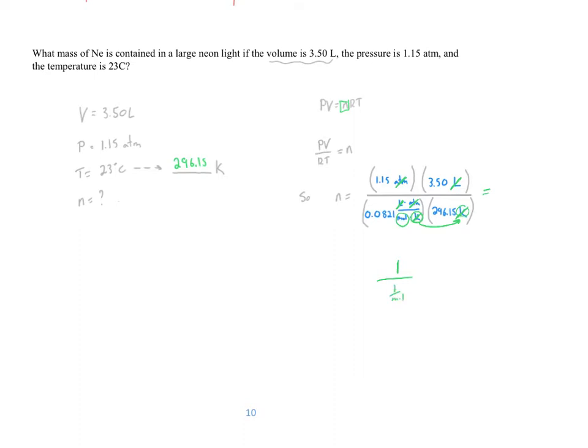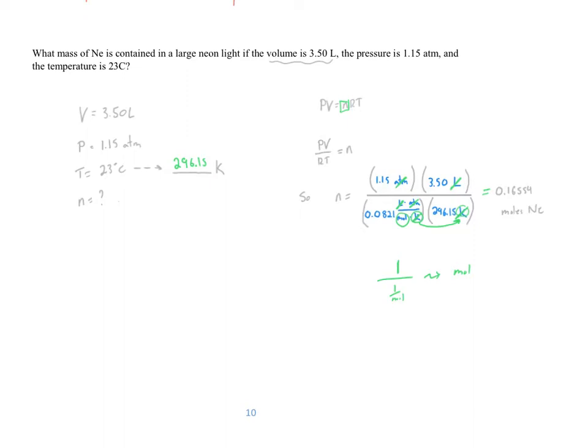Now the inverse of mole is mole, so what we're left with is the unit of mole. After we do the calculation, we get 0.16554 moles of neon.